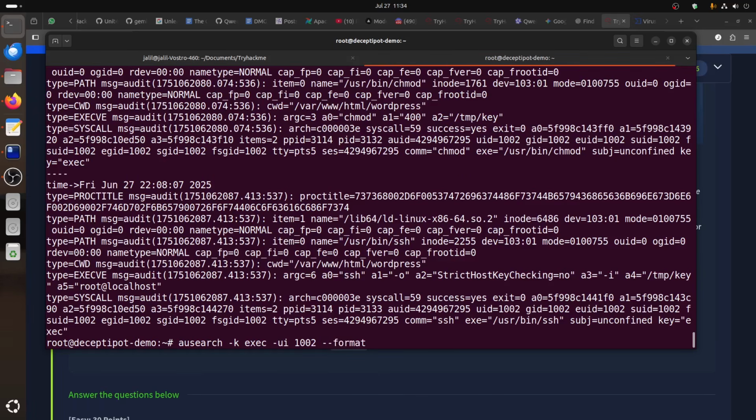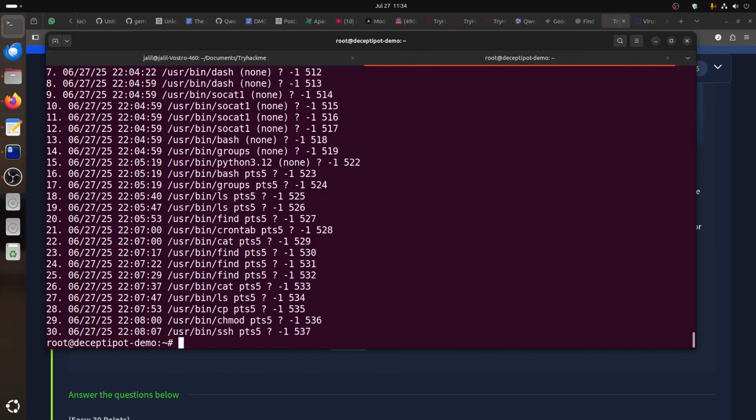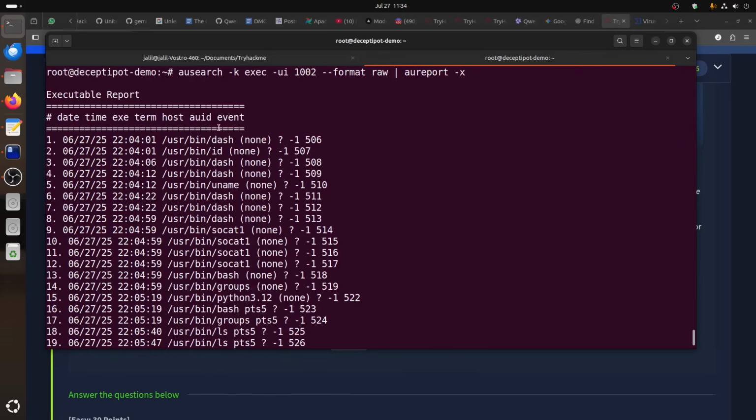Also we can format it, for example as a report. You can see the command. You can see cat, find, cat, ls, copy, ss, which is interesting, but we don't see the full command here.